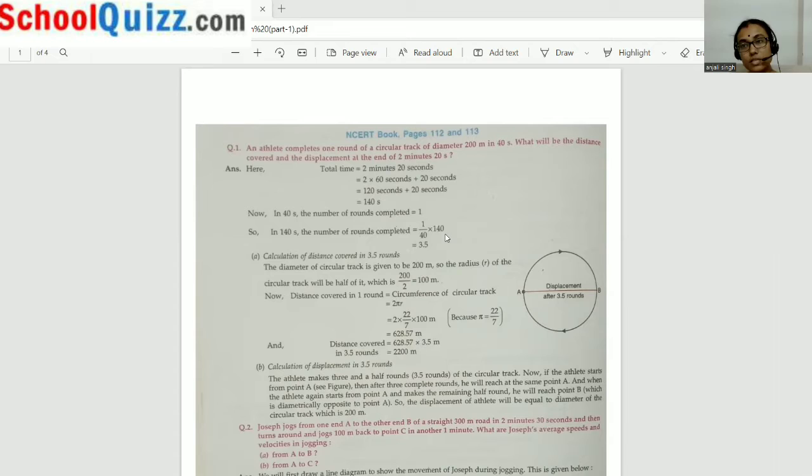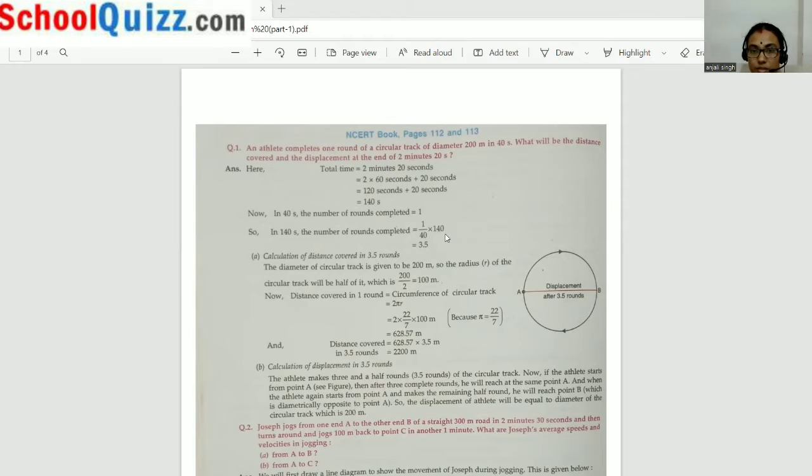Okay. In 40 seconds, he completed one round. So in 140 seconds, the athlete will complete 3.5 rounds. That is the important point. Okay. So in 3.5 rounds, the diameter is 200 meter, so the radius will be 200 divided by 2, that is 100 meter.